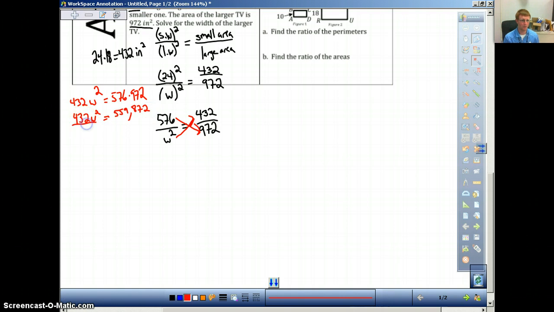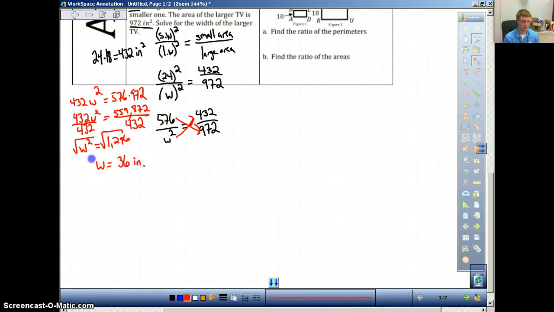We divide both sides by 432, and we get W squared equals 1296. Take the square root of both sides, and we get W equals 36 inches.